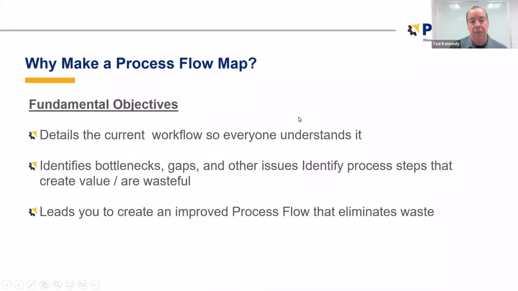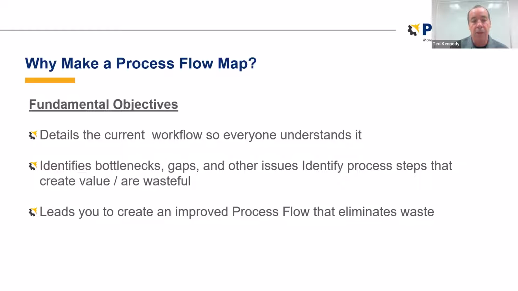So some of the fundamental things we're trying to do with process flow map is detail the current workflow so everybody understands it. Like the one I talked about before, a lot of people didn't know all of the steps involved from order entry of a customer order all the way through shipping. And by putting it on a process flow map, it gives everybody in the team who's trying to improve the flow a better idea of what's actually going on.